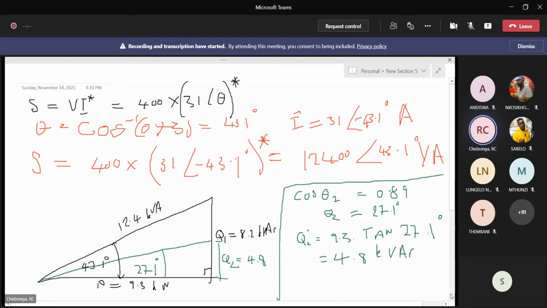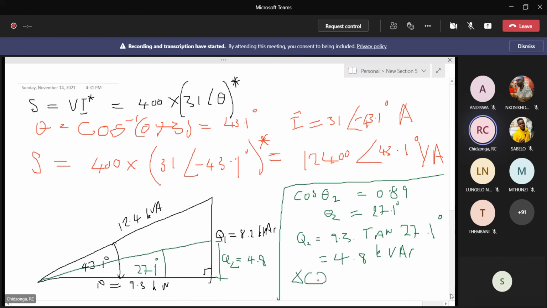So now here we are moving from Q1 of 8.2 to Q2 of 4.8.